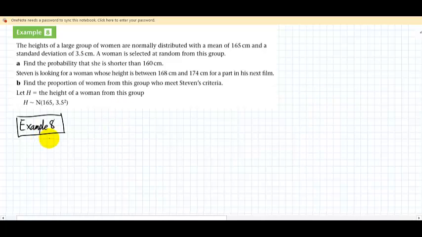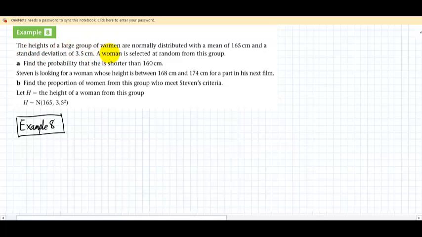What is the variable in this question? It's actually written here, but you should be able to work this out from the question itself. It's the heights of a large group of women. It's not the number of women in the group or the weights of the women.